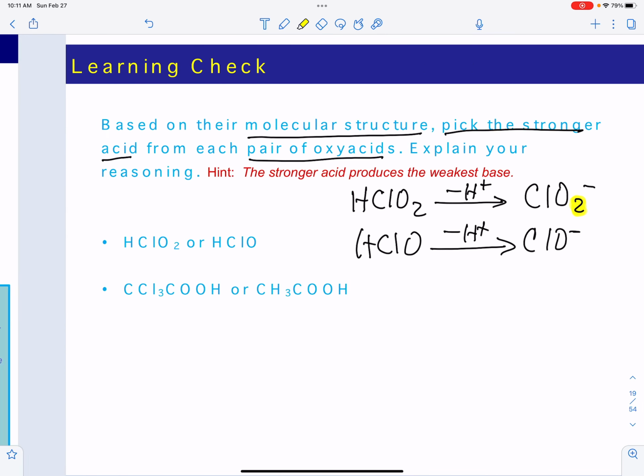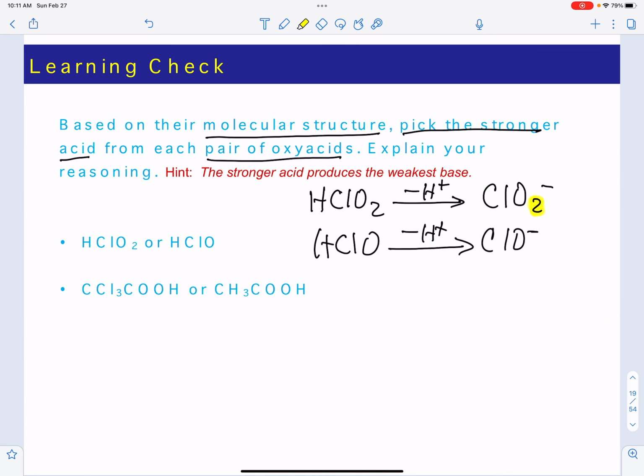So with that said, we just found the weaker base, so this had to be the stronger acid. The stronger acid would be the one that gives you the weaker base, and the weaker base is the most stable base. And in this case, having the bigger amount of oxygens stabilizes that negative charge better.